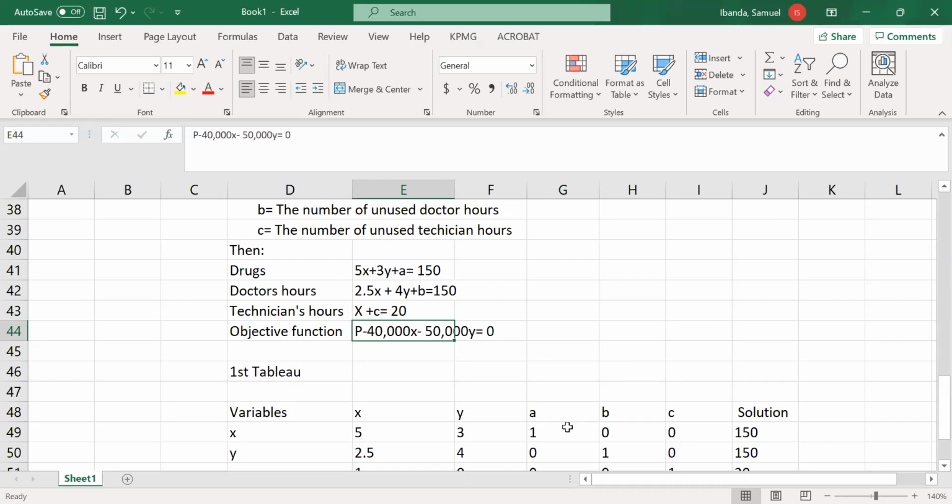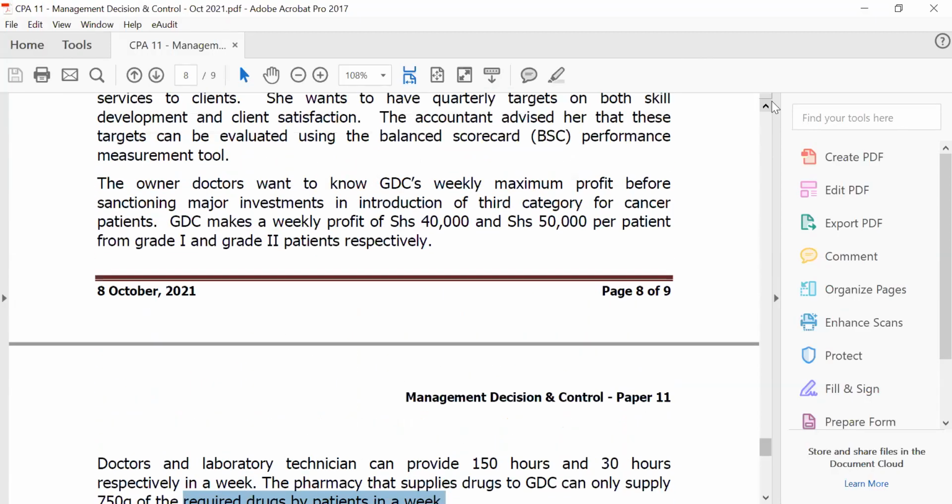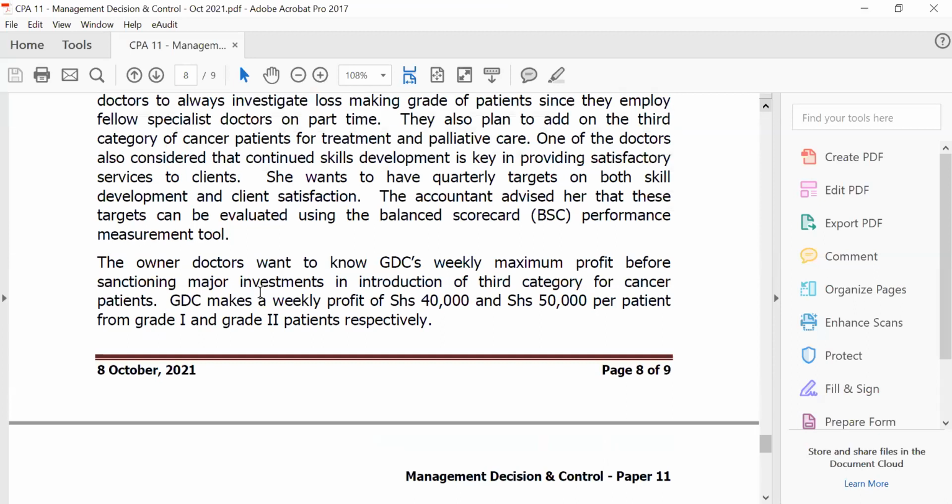And if you remember from what we are trying to look at, that P, we actually got it from this statement. So that is what you basically need to utilize. So P is the solution, the objective function at hand.